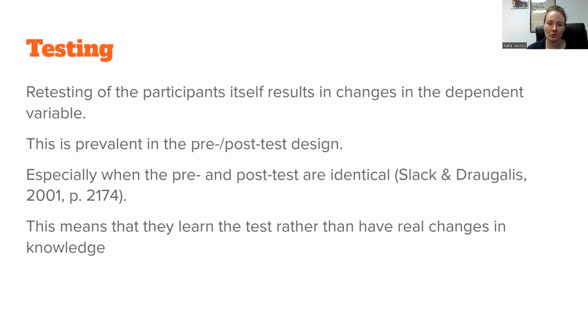There's different ways that people will try to account for this in a study. One way is they'll often do two equivalent forms of the pre and post test where they do the analyses to make sure they're equal difficulty in tests, but not the exact same test.